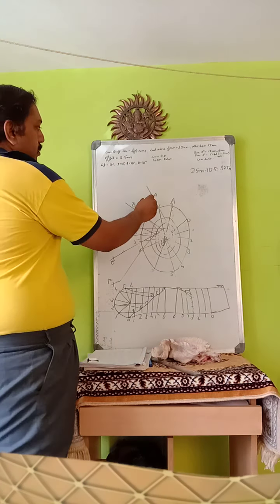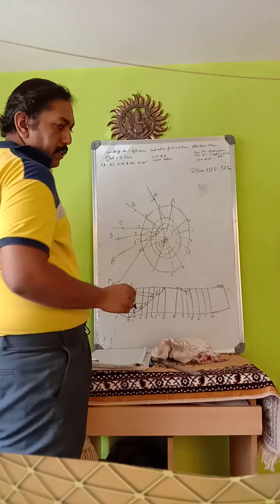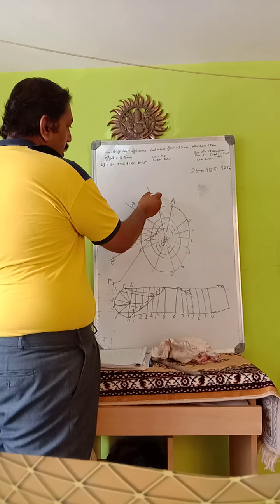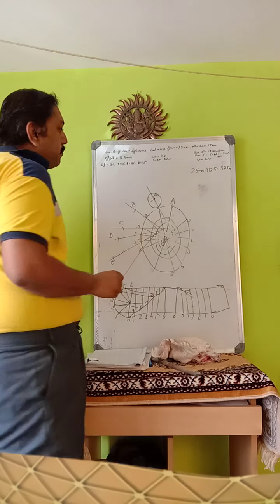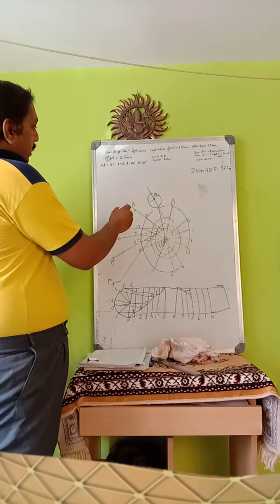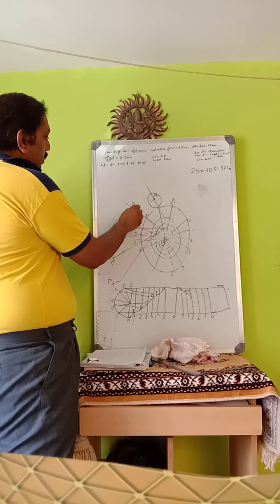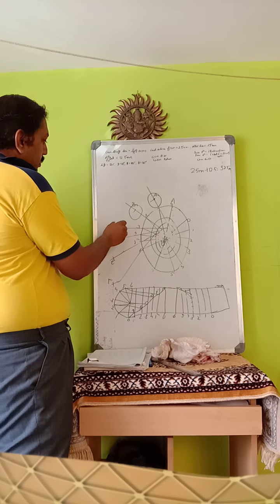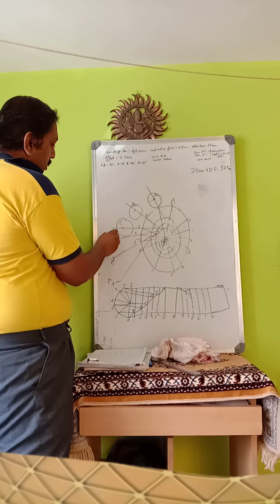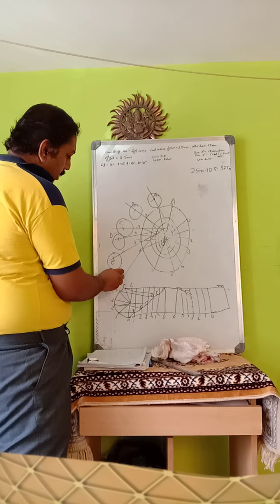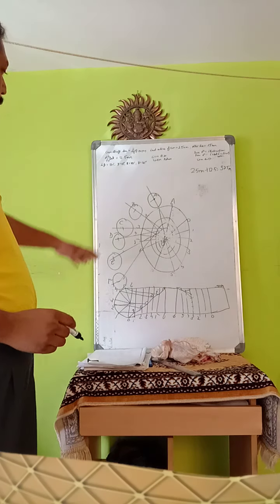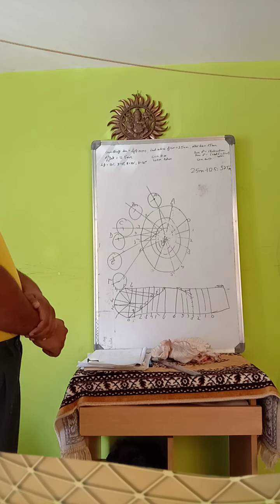So with the center as A, I have to draw a roller of radius 12.5 mm. Again with B as center, the same. Again with C as center. Again with D, E, and F. So I am drawing the rollers at the centers.